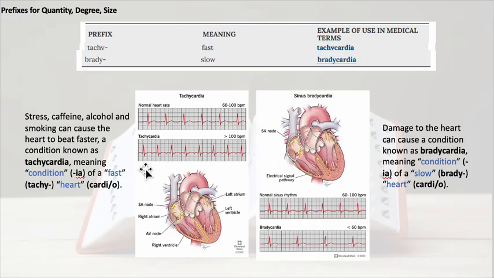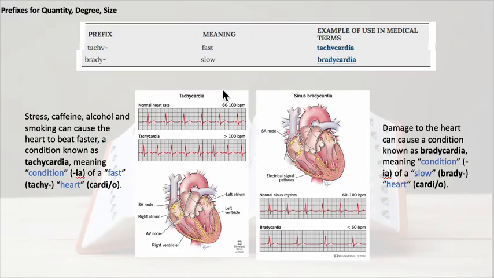Now, an individual with tachycardia will have a rapid heart rate, so faster than normal. So tachycardia directly translates to a condition of a fast heart, so a fast heart rate.